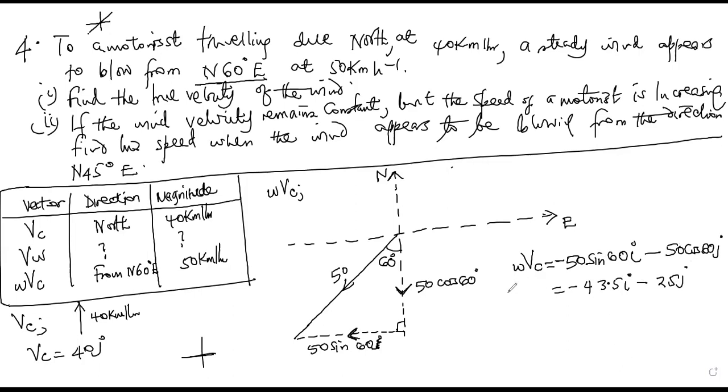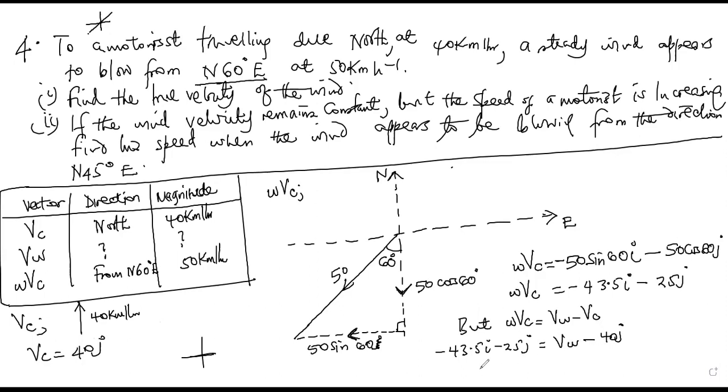Now this is the velocity of wind relative to the cyclist, but velocity of wind relative to the cyclist is the same as velocity of wind minus velocity of the cyclist. So you can substitute. It implies that negative 43.5I minus 25J is equal to velocity of wind, which I don't have, minus velocity of the cyclist, which I have as 40J.